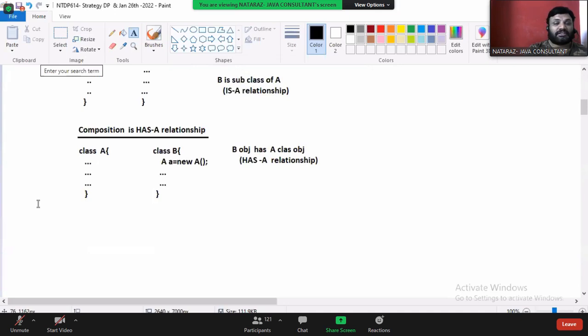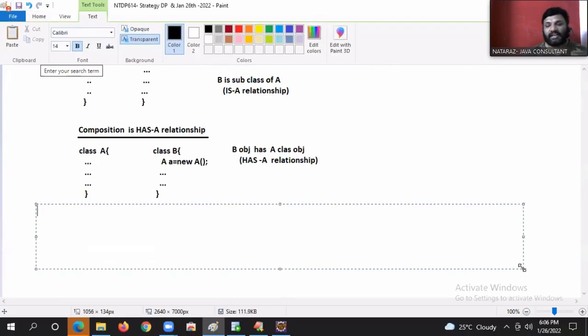Generally, when should we use inheritance? When should we use composition, guys? Everyone, please give me clarity on that. When should we use inheritance?